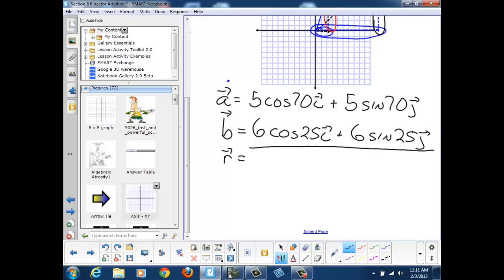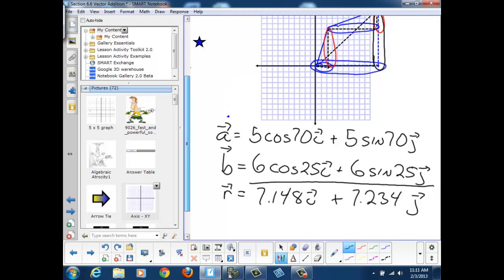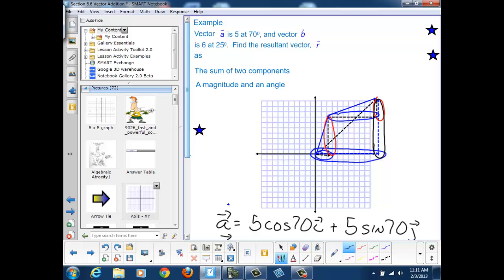7.148 i plus 7.234 j. So we have this sum or resultant in terms of two components.